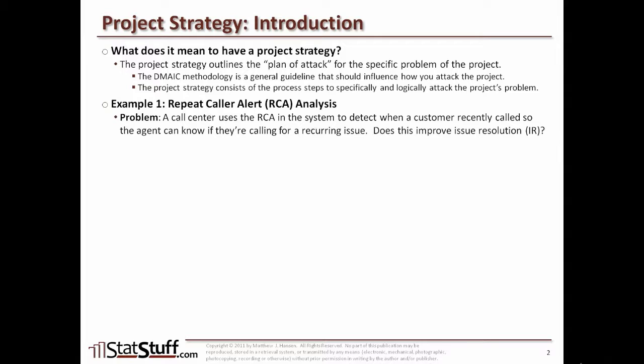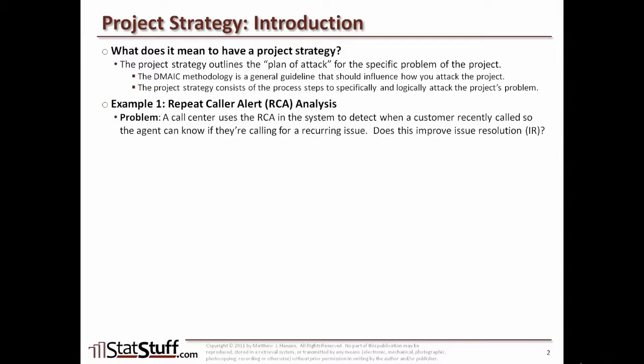If the agent on the phone can see that the customer recently called in, can they help prevent the recurring issue? They want to stop that caller from calling back again by resolving the issue correctly up front the first time.